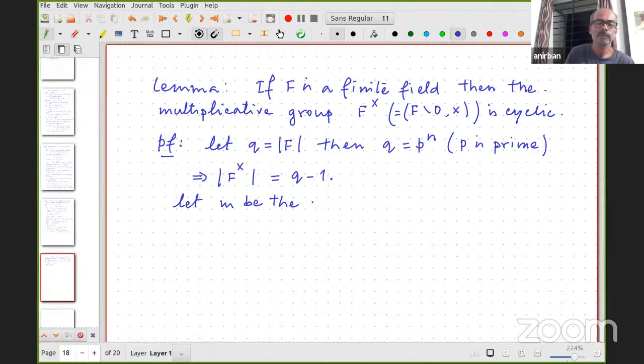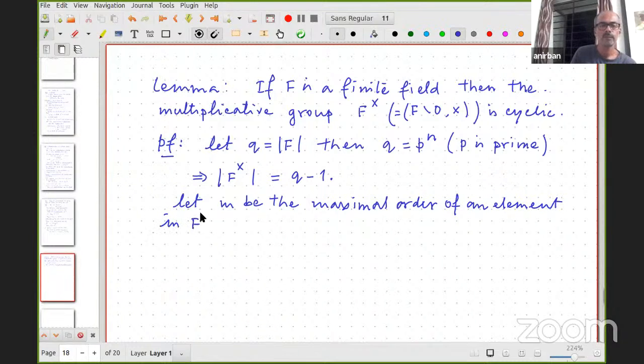Let M be the maximal order of an element in F, the multiplicative group. Then, order of any element divides the order of the group.